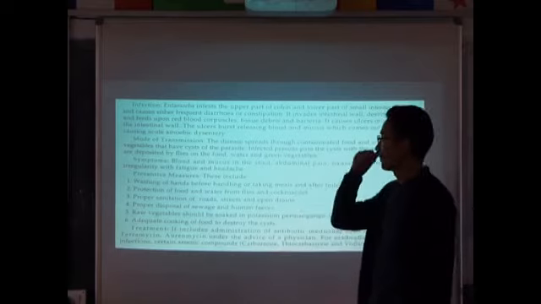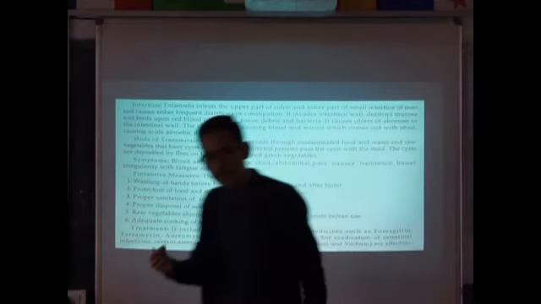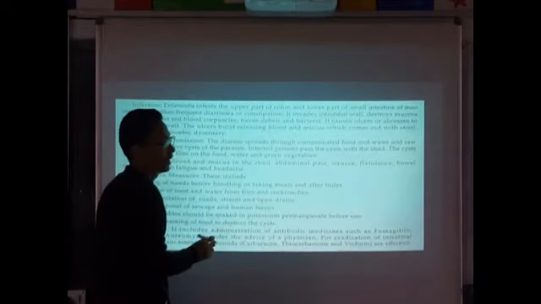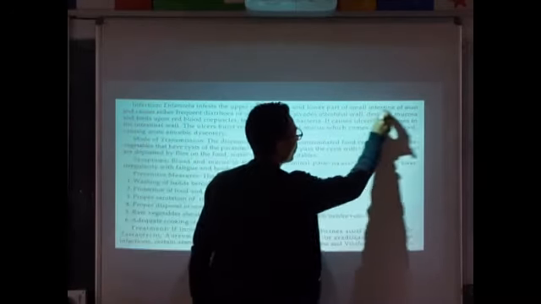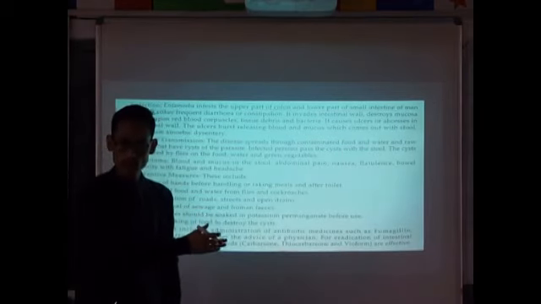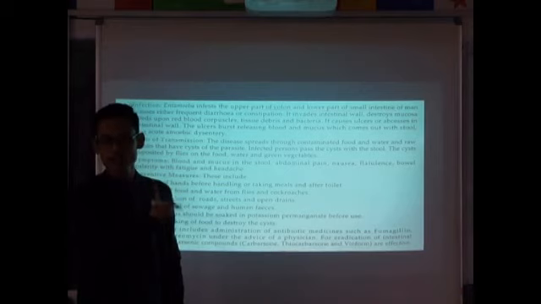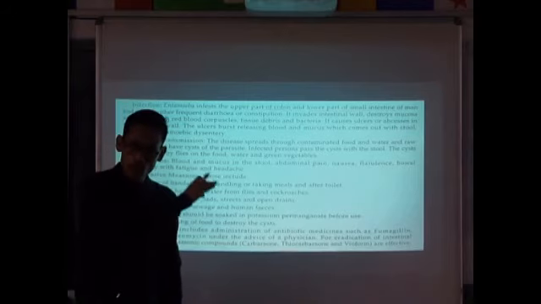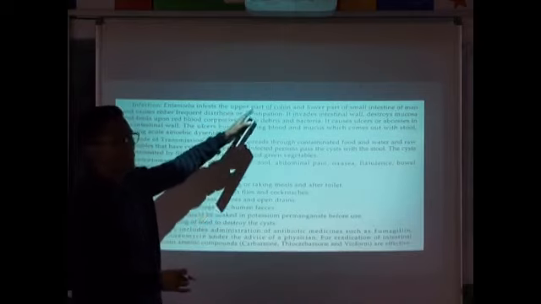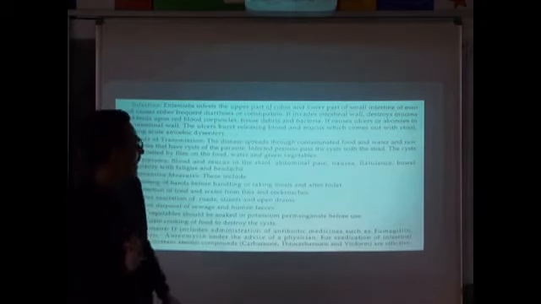So infections. It will mainly infect the upper part of the colon and the lower part of the small intestine. For example, like in case of pneumonia, we have learned that it will infect the lungs alveoli, right? So here, in case of amoebiasis, the protozoan Entamoeba will infect the upper part of the colon and the lower part of the small intestine.